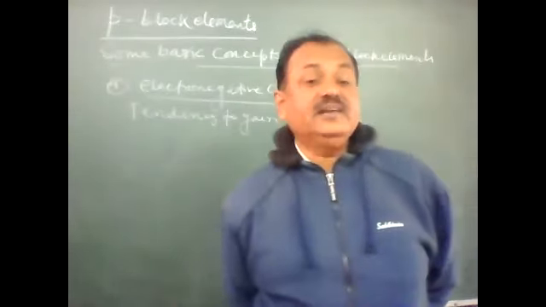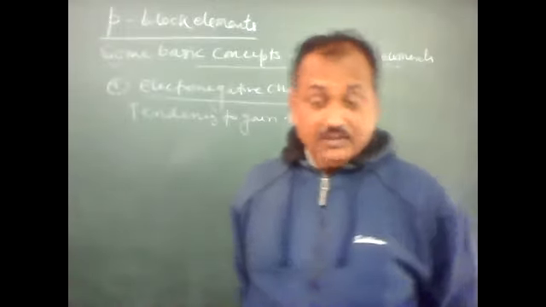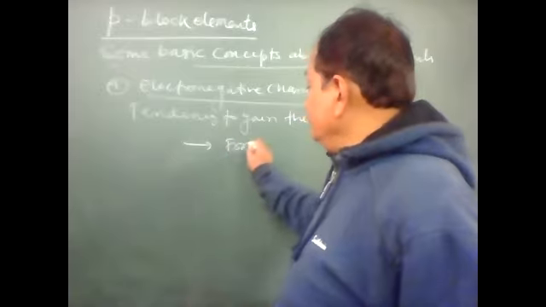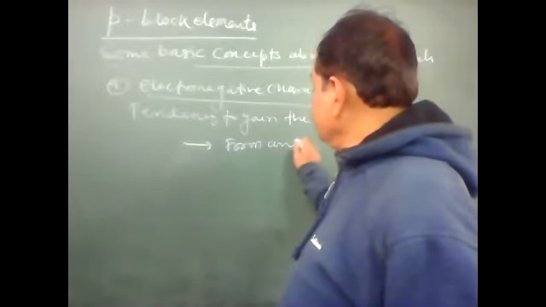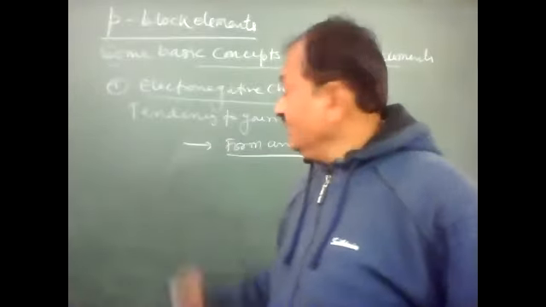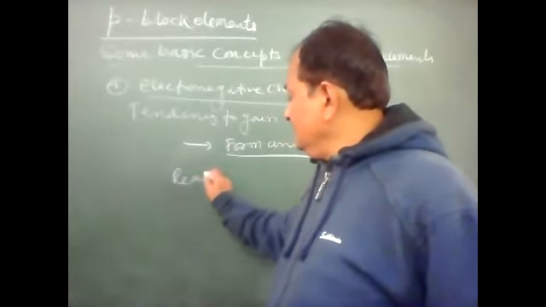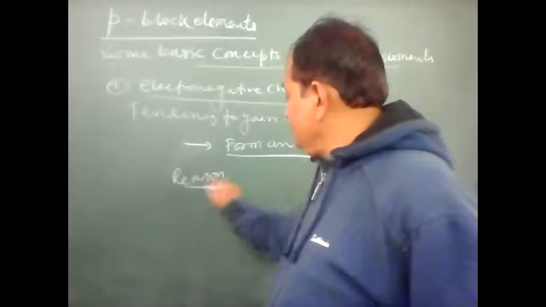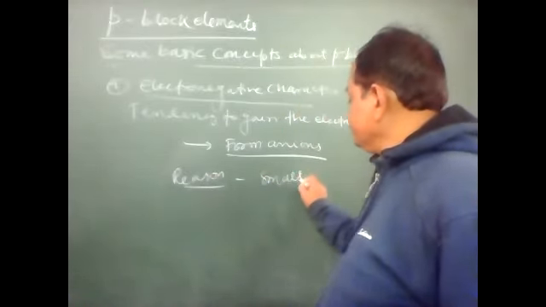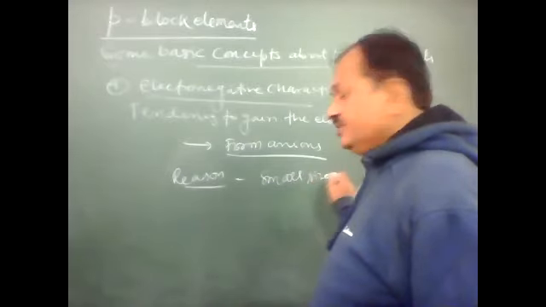So non-metals are electronegative in nature. And what is the effect? The effect is that they form anions. Anions are formed by non-metals, and the reason is the small size.